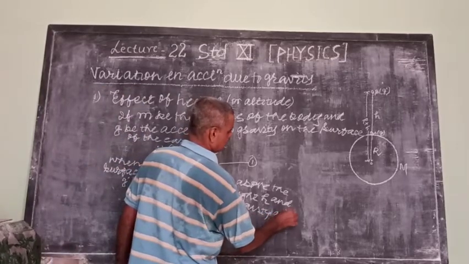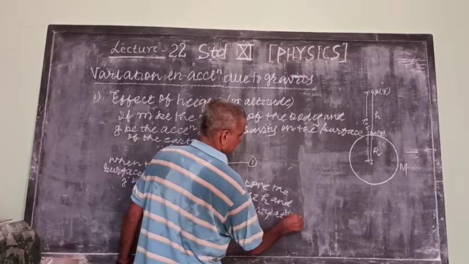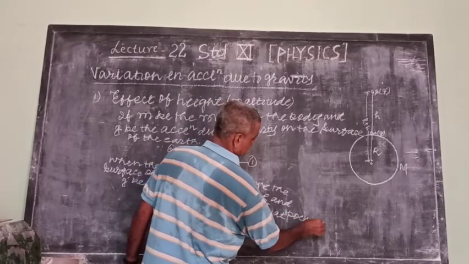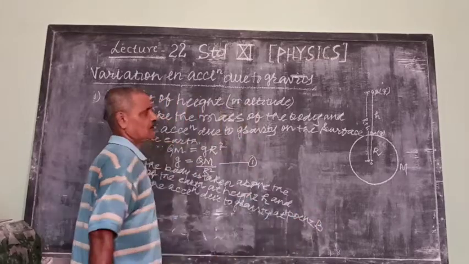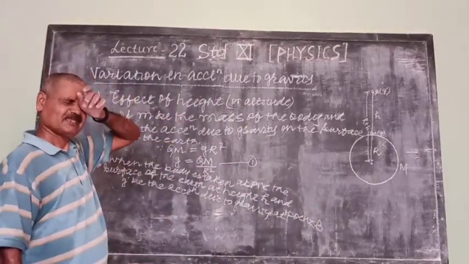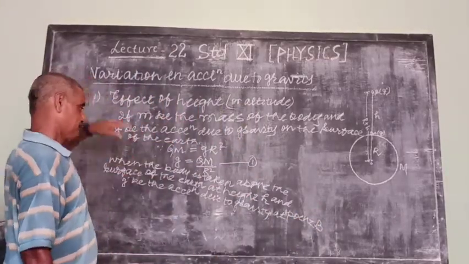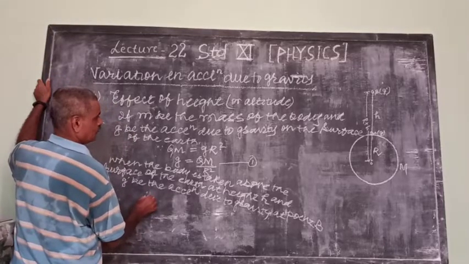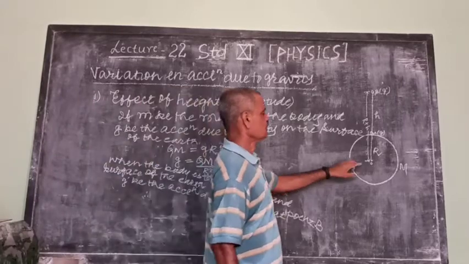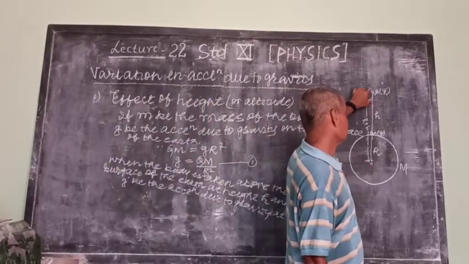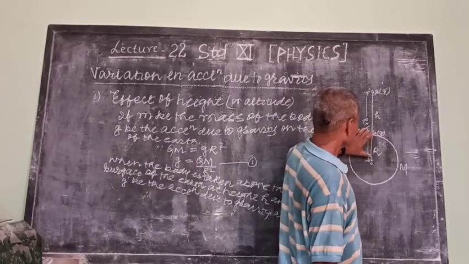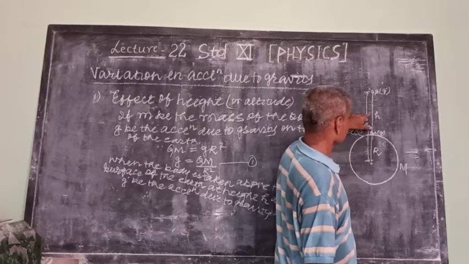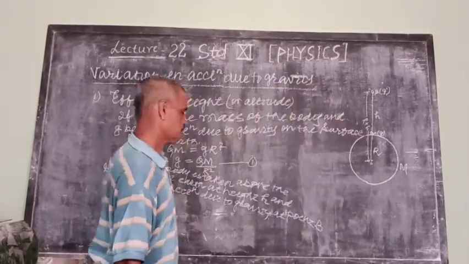At point B, which means at the height h, what will be the distance from the center to this point? It will be r plus h.